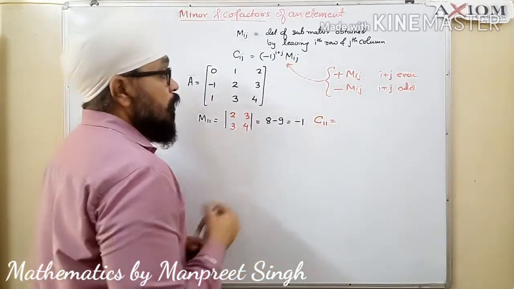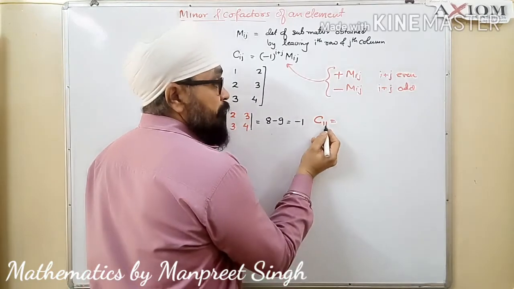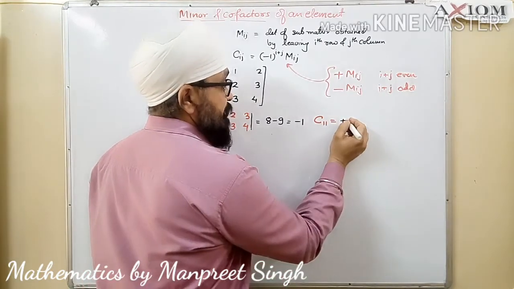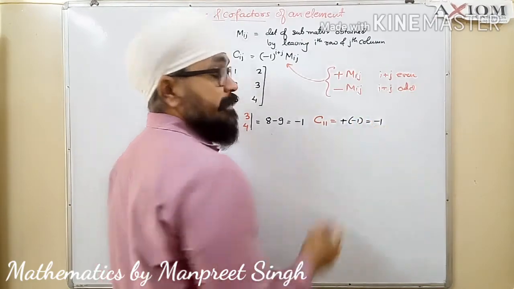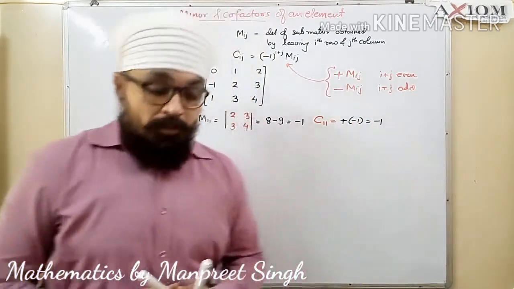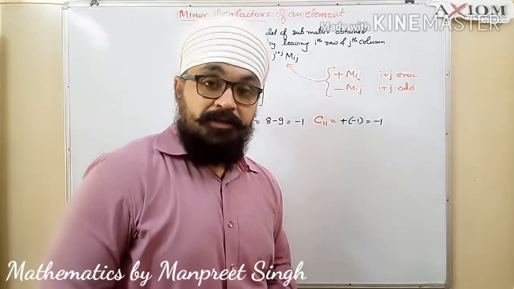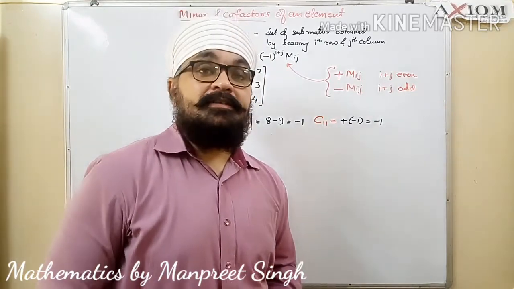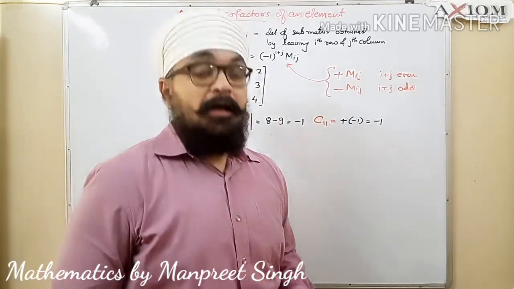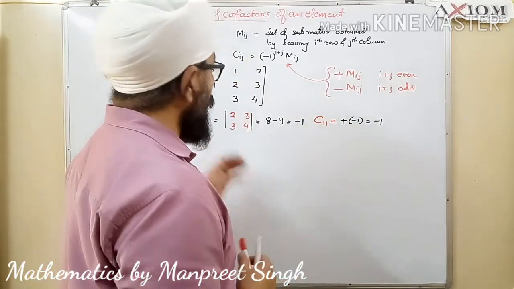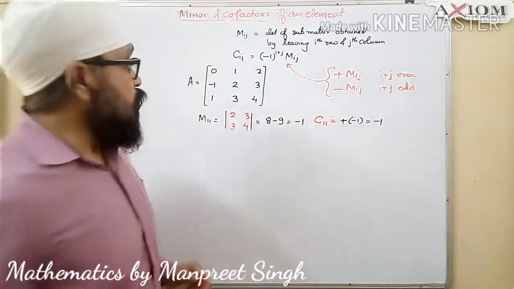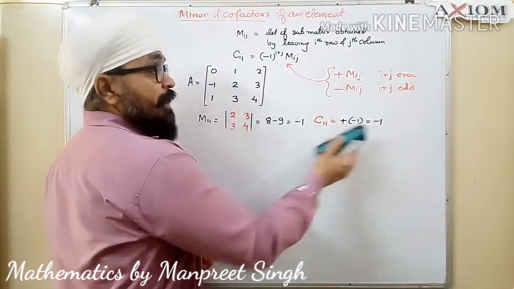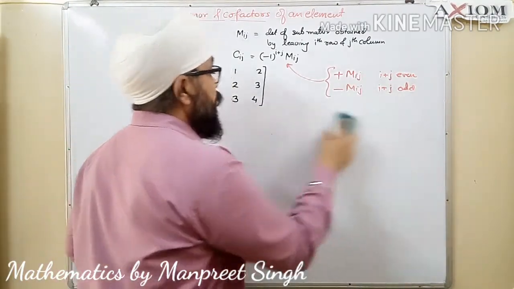Clear? So if I am writing 11, it means even, I am going to go plus, but already the sign is minus 1, so the cofactor is minus 1. So this we have already taken in the previous video, where we discussed minors and cofactors. Now what I am going to do is write all the cofactors. One I have already calculated, so I will be doing it again.